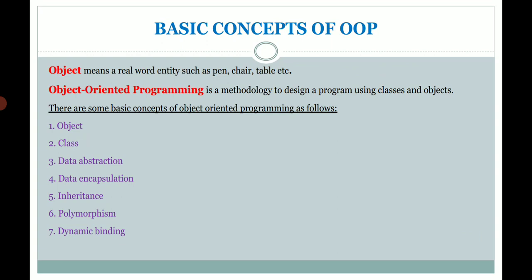Object-oriented programming is a methodology or procedure to design a program using classes and objects. There are some basic concepts of object-oriented programming as follows: object, class, data abstraction, data encapsulation, inheritance, polymorphism, and at last, dynamic binding.